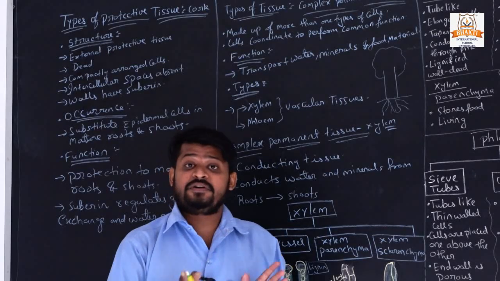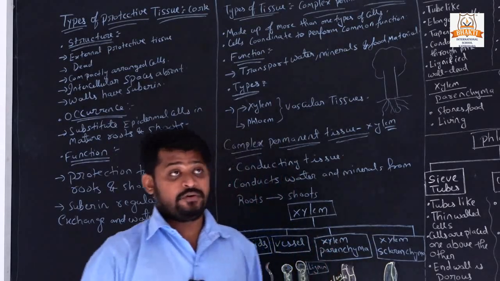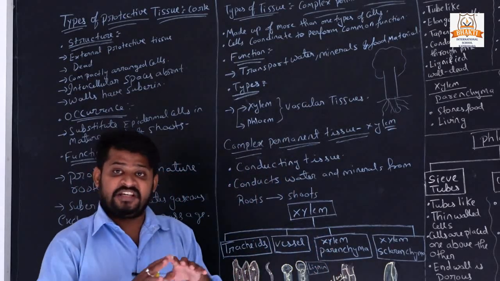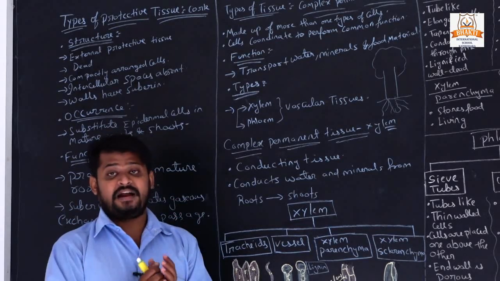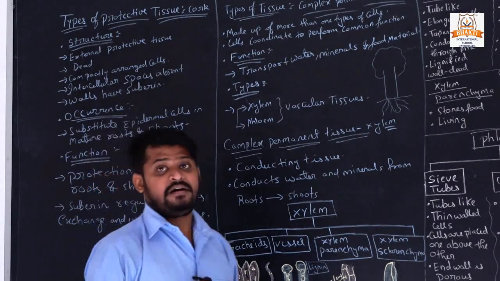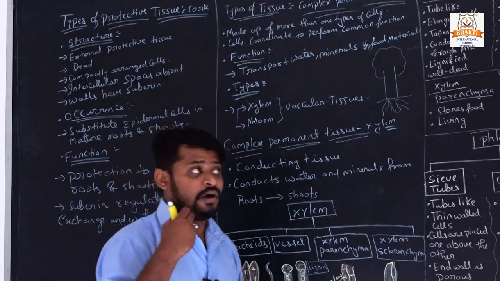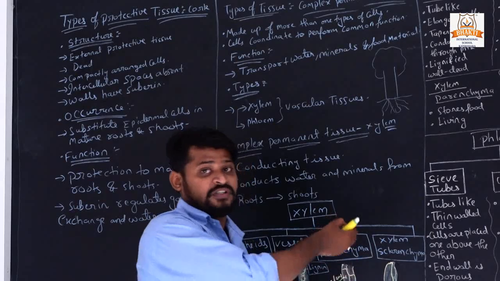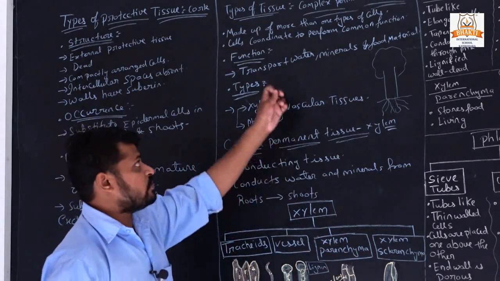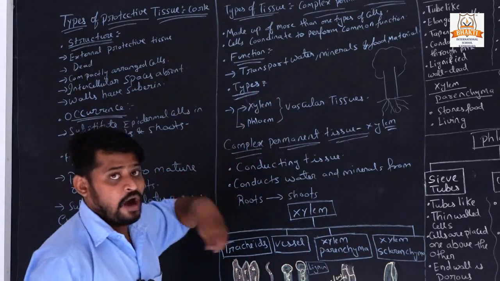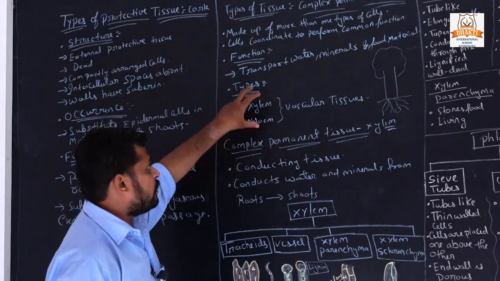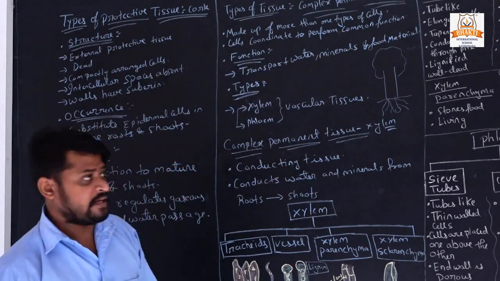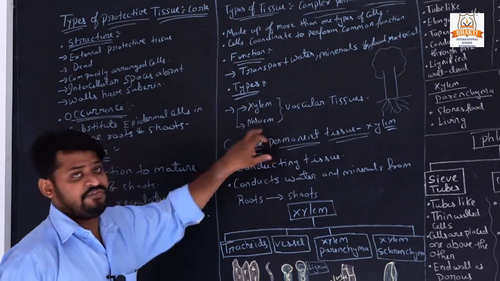To transport materials like food, water and minerals, all these works are done by the coordination of different types of tissue. That makes the process very complicated, so it is called complex tissue. And how are they working? There are two types of complex tissue, one is xylem and one is phloem.